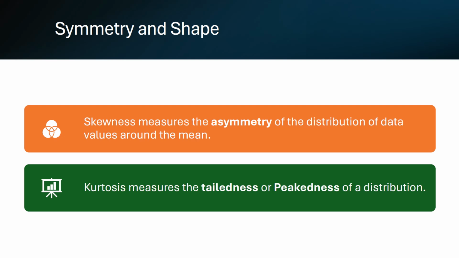The derivation of the formulas is beyond the scope of this course, but we can use any statistical software to compute skewness for asymmetry in the data and kurtosis for the shape of the distribution of the data.